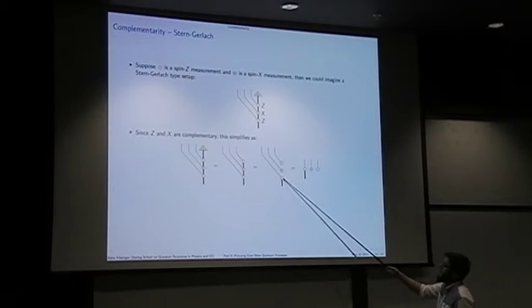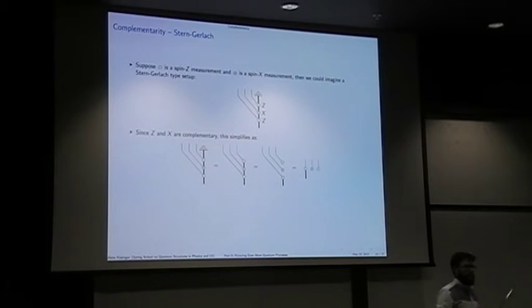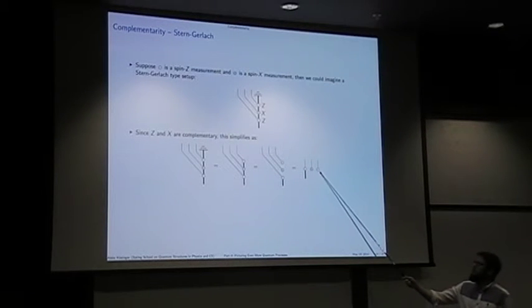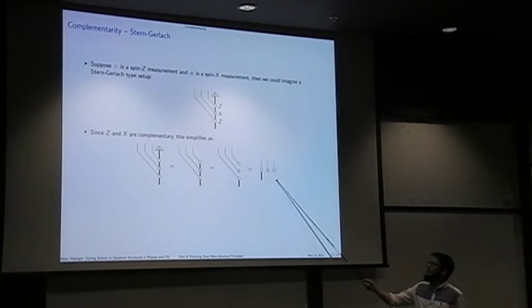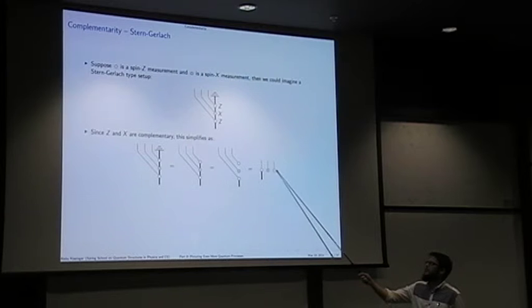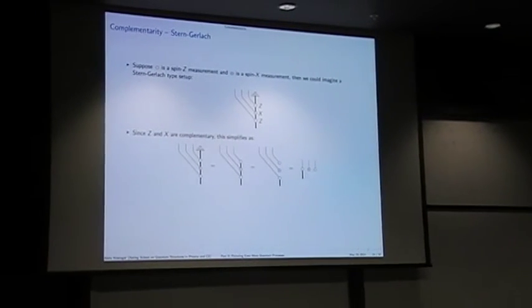So these bits of wires have gone away just because of the complementarity rule, right? And the classical output, the output of my third measurement, which has ended up on this wire, has no relationship to any of these other two. There's just no connection there. And that's come from the complementarity rule.